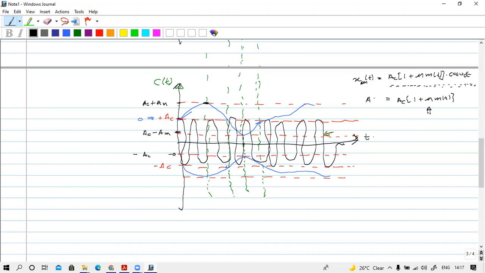It is a time varying function, that is the amplitude of the modulated signal. The amplitude of the modulated signal is also time varying, because we are changing the amplitude.